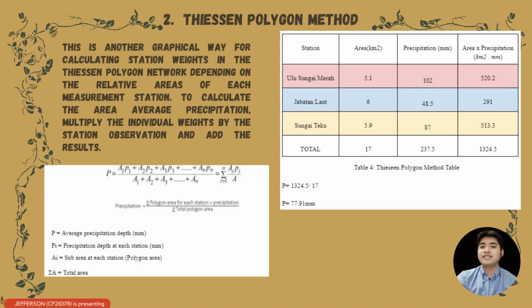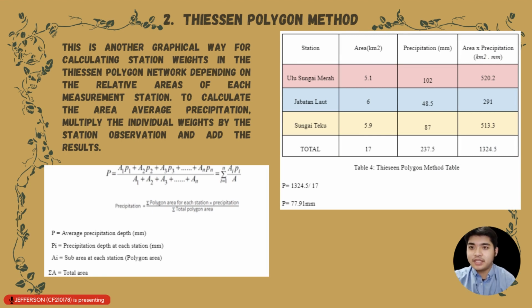Hi, my name is Jefferson Chantong and my metric number is CF210178, and I'm going to present the Thiessen polygon method. This is another graphical way of calculating station weight in the Thiessen polygon network, depending on the relative areas of each measurement station. To calculate the area's average precipitation, multiply the individual weights by the station observation and add the results.